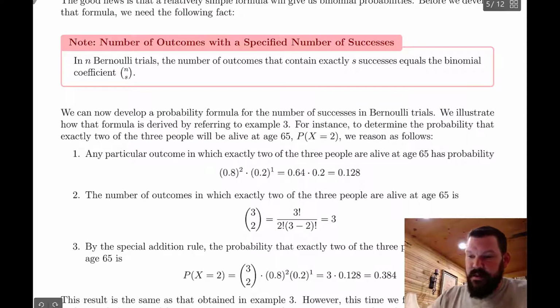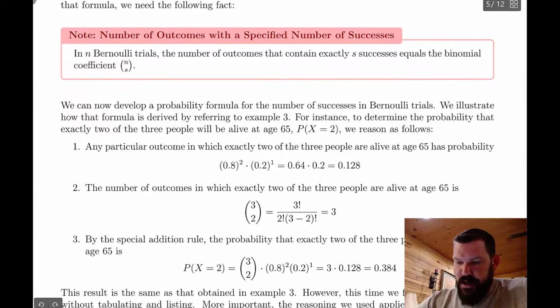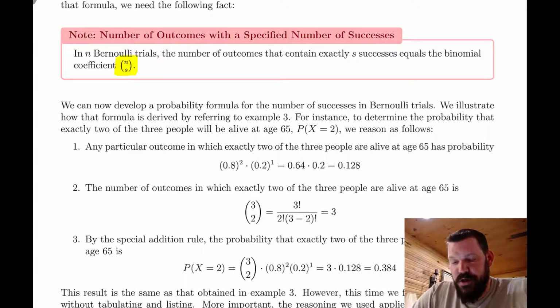So when we have a Bernoulli trial and we're using the binomial distribution or the binomial coefficient, we're going to let n be the number of Bernoulli trials, and then s be the number of successes that we're looking for.